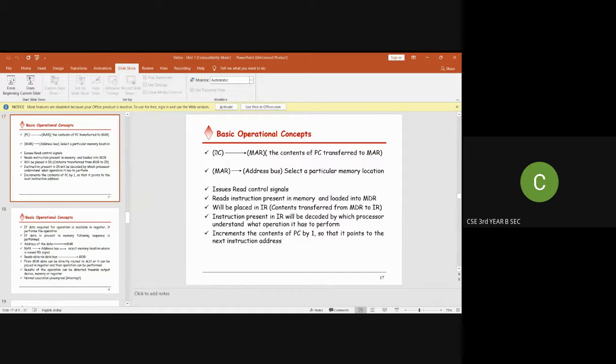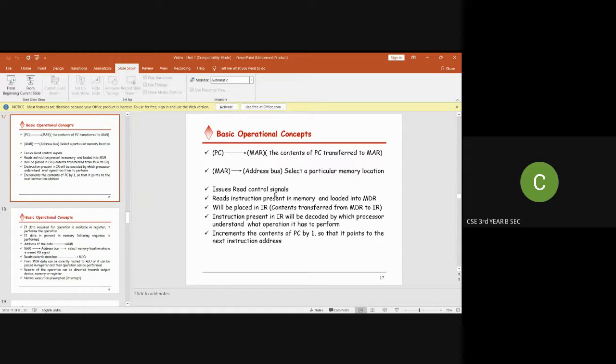So the PC contains the address of the next instruction, which is given to the MAR. The MAR passes this address to a memory location, and the read control signal is generated.